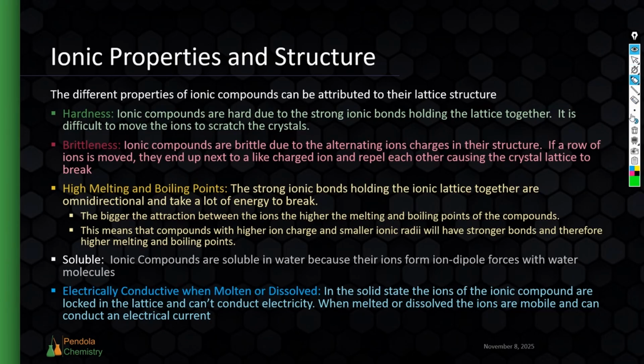This is one of the biggest things that you have to remember about electrical conductivity. There is one thing that is needed for something to conduct electricity, and that is the presence of a mobile charged particle.